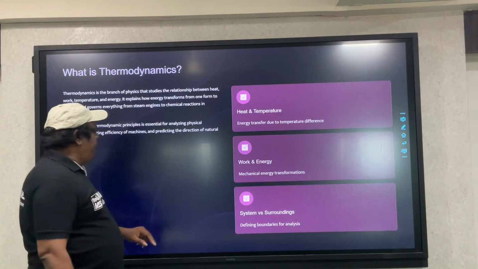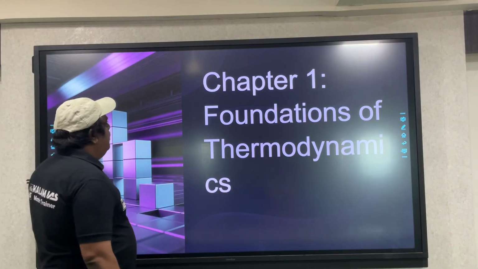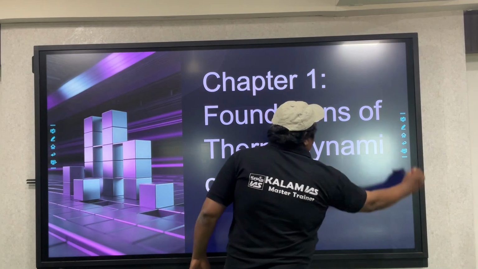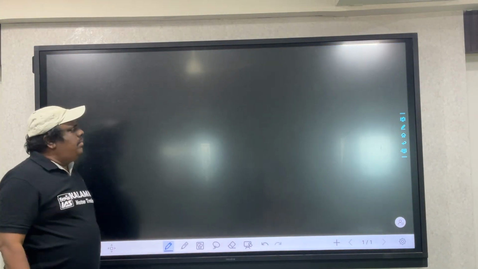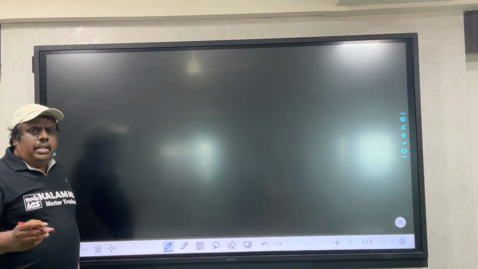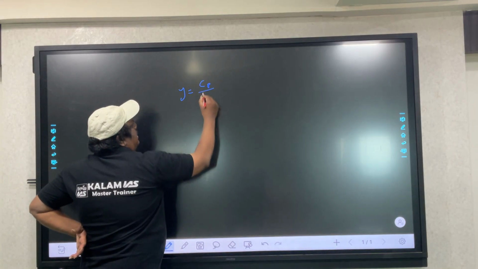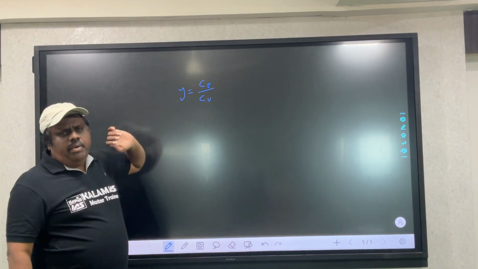Okay, next one. We can discuss how to calculate the specific gas constant, indicated with gamma. Already said that it is the ratio of specific heat capacity at constant pressure to constant volume.